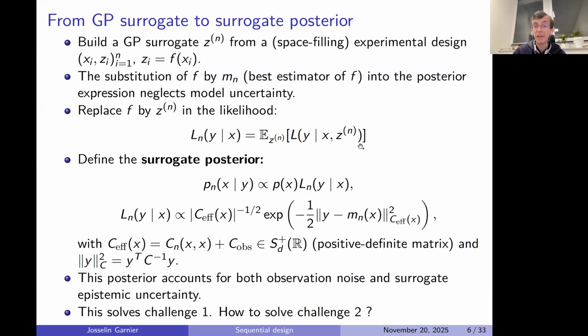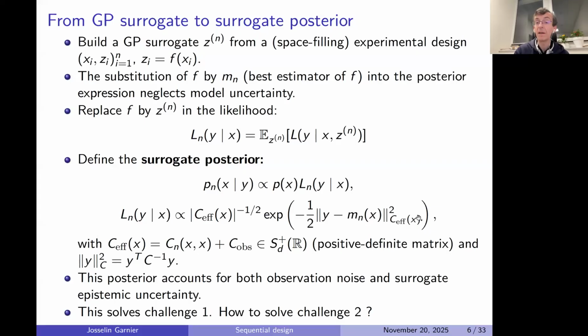And when you do your math here, in fact, ln is not too difficult. It's the same form as the original likelihood, in which I had C obs here, and f of x there. The only thing that has changed is that you replace f of x by mn of x, the best estimator, and you replace C obs, the observation matrix of the data y, by C obs plus the covariance of your surrogate model Cn at point x.